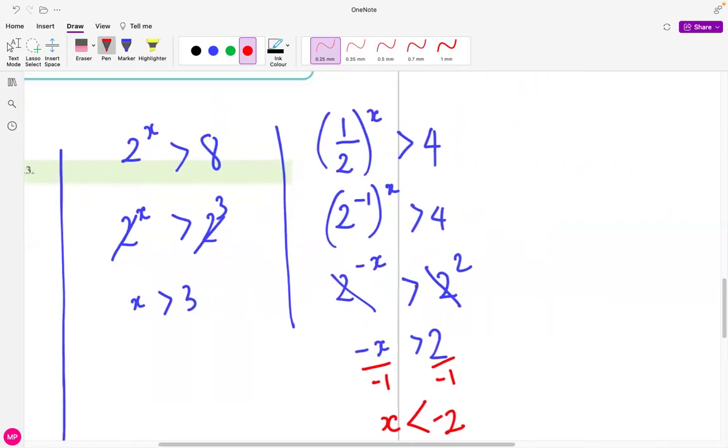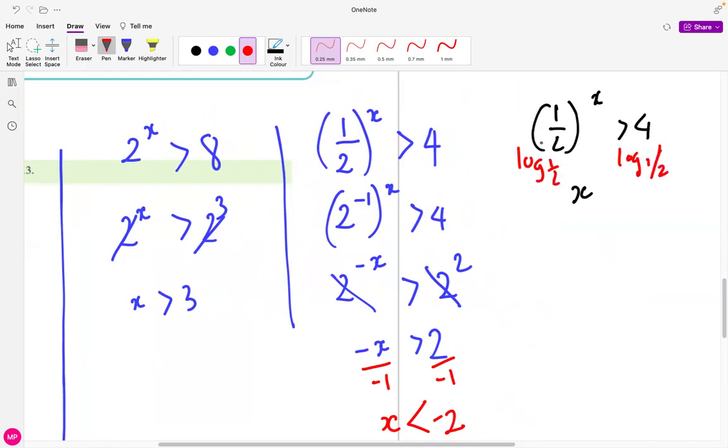So how does that work if we use the log one? If we start this equation again, a half to the power of x bigger than 4. Let's say I keep the base the same, okay? I didn't change the base. So I would have x here. And because you want to get rid of a half, think about taking log base a half on both sides.